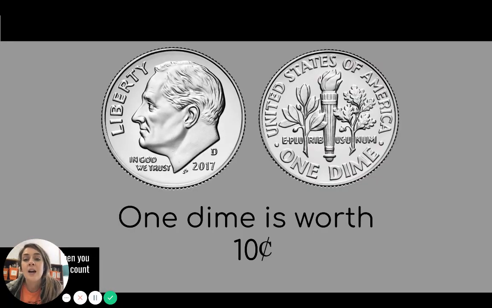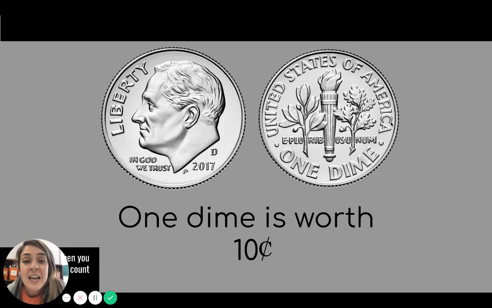All right, then we talked about dimes, and a dime is worth 10 cents. 1 dime equals 10 cents. On the front of our dime is Franklin Delano Roosevelt. Some people also call him FDR because Franklin Delano Roosevelt is kind of a long name. So people shortened it to FDR. Means the same thing, same person.